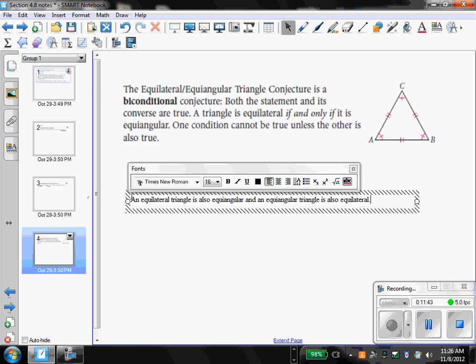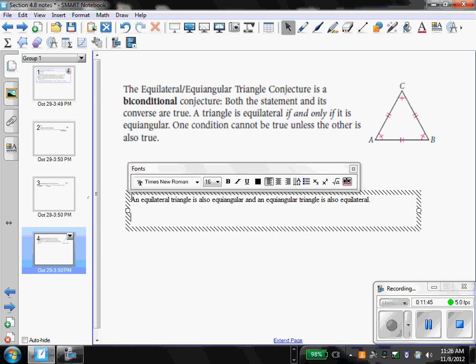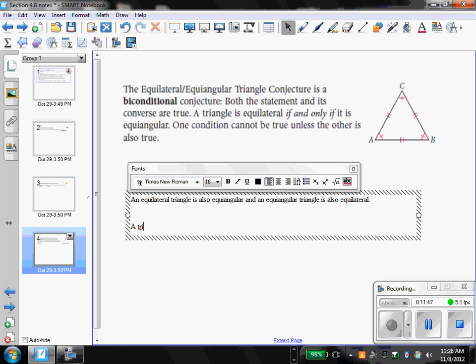So to write that as a biconditional, a triangle is equilateral if and only if it is equiangular.